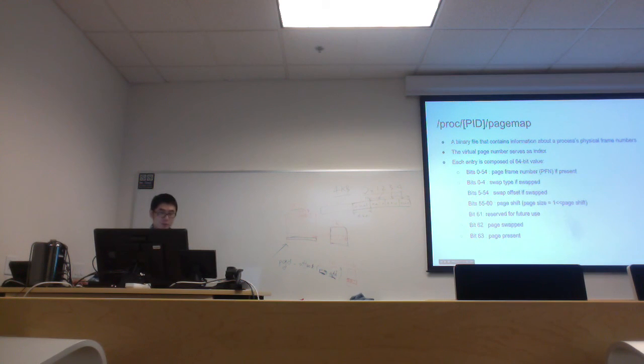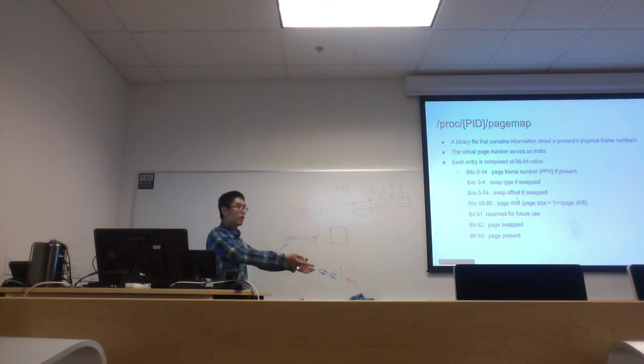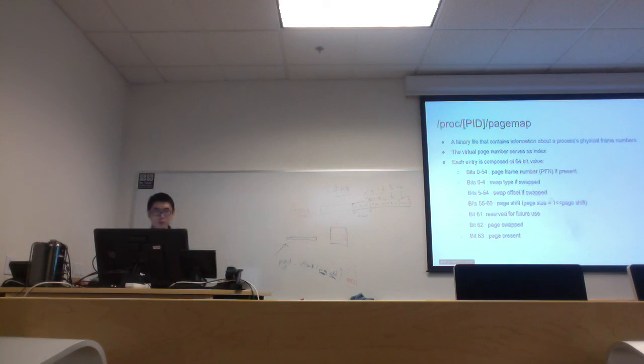If it's swapped, this bit will indicate it is swapped out, and the lower bits indicate the swap type and swap offset, which means which device it is swapped to, and what is the offset inside the device. This is commonly called the swap indicator, used to retrieve the page swapped out on a block device like a disk.